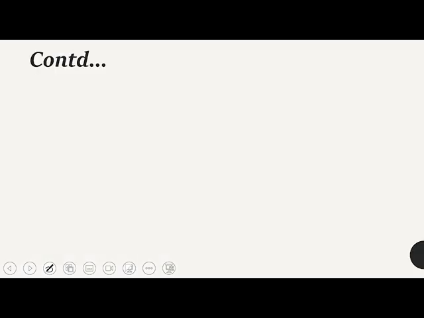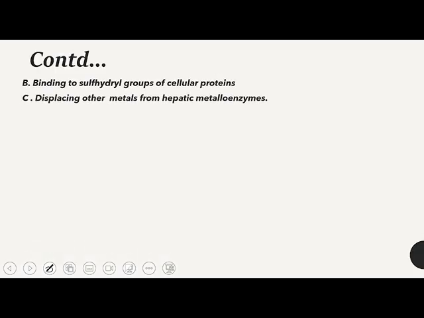Next, what it does is the copper binds to the sulfhydryl groups of the cellular proteins, and also displaces the metals that are present in the center of the metalloenzymes. And these two things, that the excess copper when present, do lead to the hepatic injury.